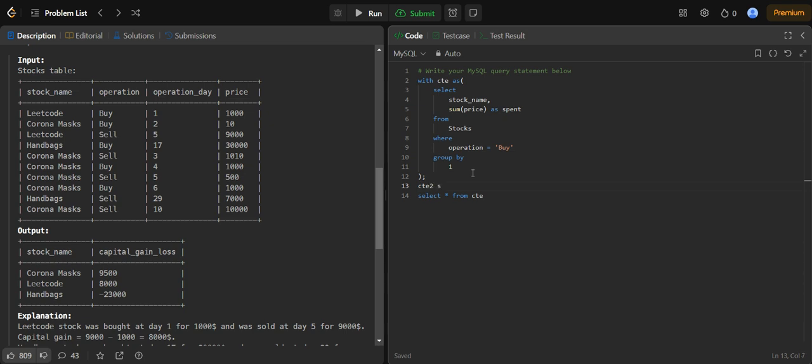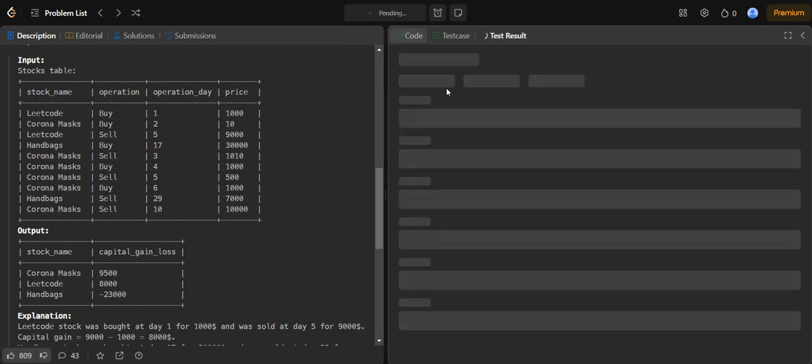CTE2. I will write the same code here. Instead of buy, I will write sell here. If I do this, you can see what this will return.